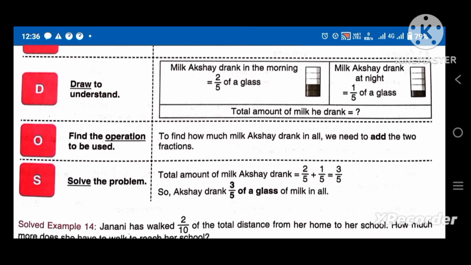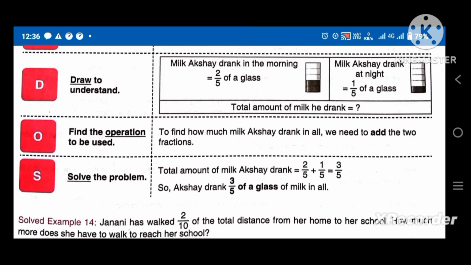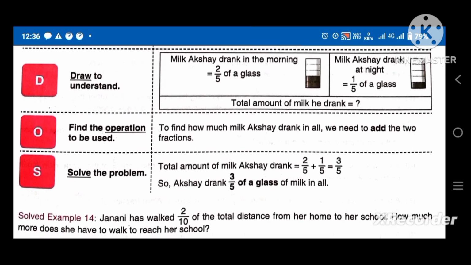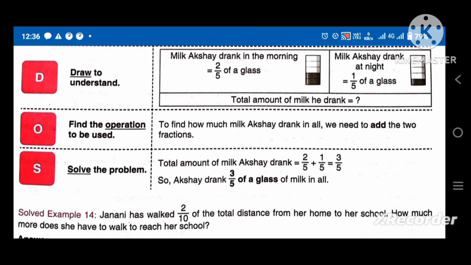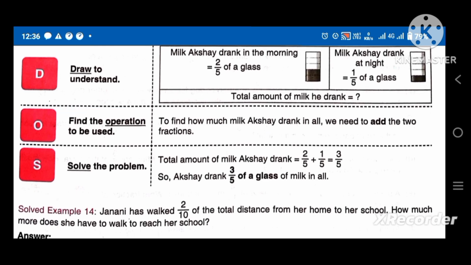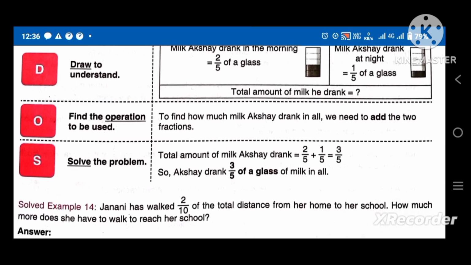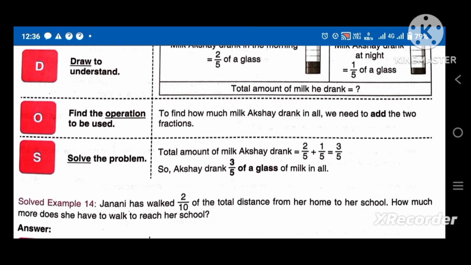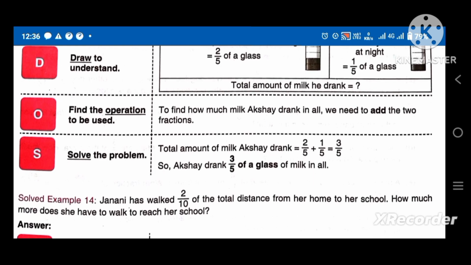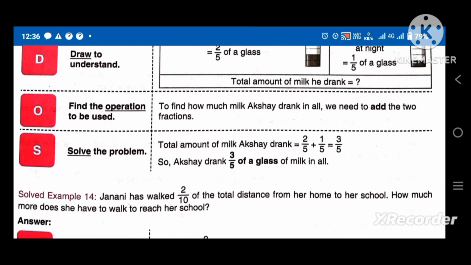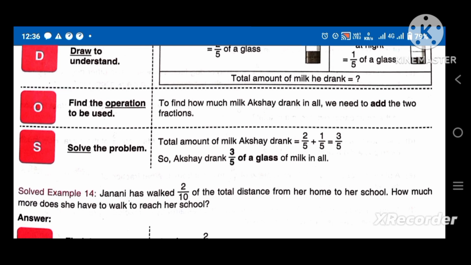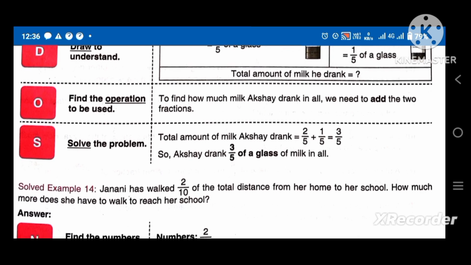To find how much milk Akshay drank in all, we need to add the two fractions. S. Solve the problem. Total amount of milk Akshay drank is equal to 2 by 5 plus 1 by 5 is equal to 3 by 5. So, Akshay drank 3 by 5 of a glass of milk in all.